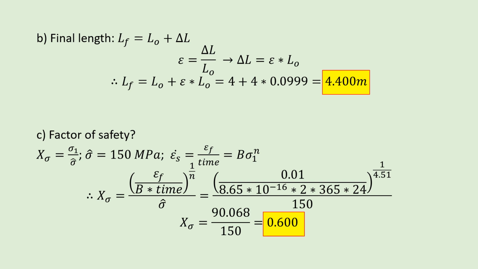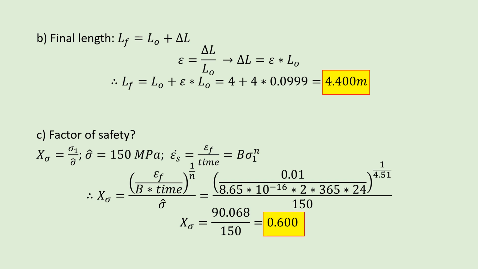And we can do that using our steady state strain rate equation. So steady state strain rate is equal to the final strain divided by time, and it's also equal to the constant B times stress raised to the constant N power. So taking that information, we can rearrange the equation and solve for sigma sub 1, and then input that into our factor of safety equation, which is what we have in the next line.